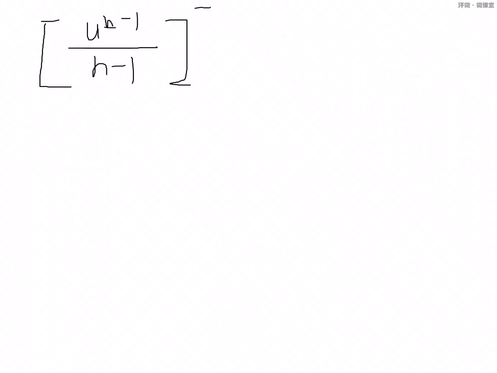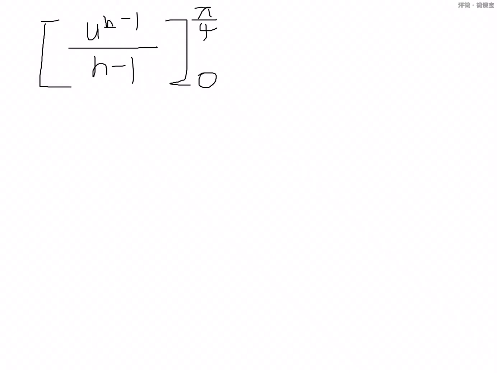Okay, that's easier. Then it will be u to the power of n minus 2 plus 1, so u to the power of n minus 1 divided by n minus 1, the new exponent, and then we evaluate pi over 4 minus 0.